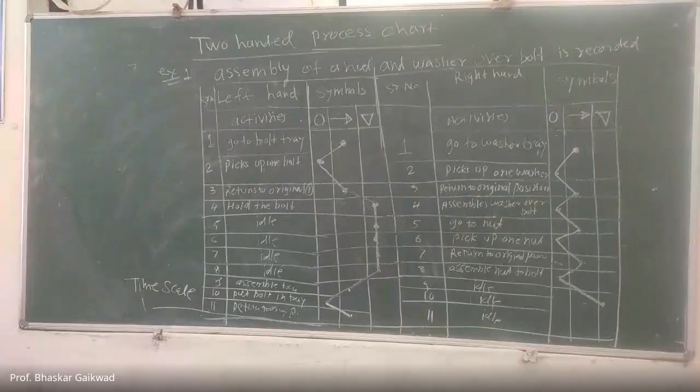So up till now, from yesterday, we have completed three charts. First chart is the outline process chart. It is called operation process chart. It is also called bird's eye view. So there are three names, and in this process chart we are using only two symbols: operation and inspection. Only two things have been recorded. One is operation, and second is inspection.